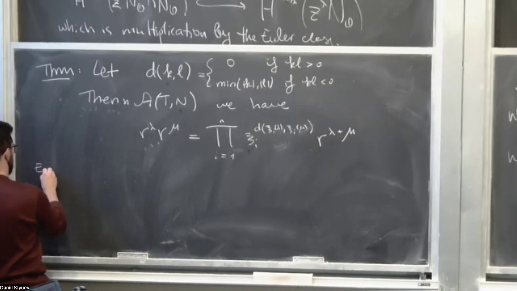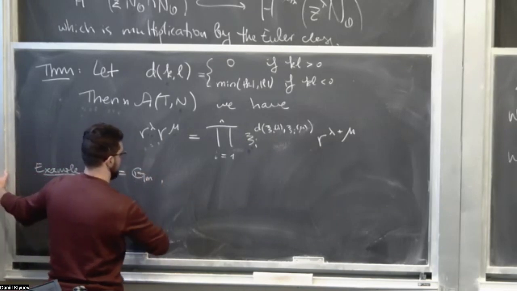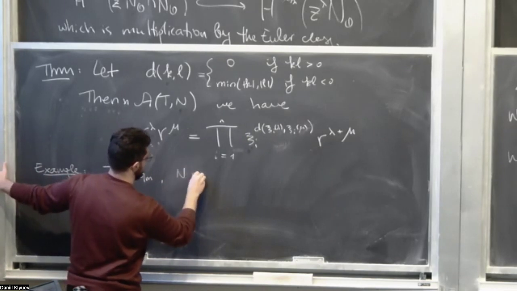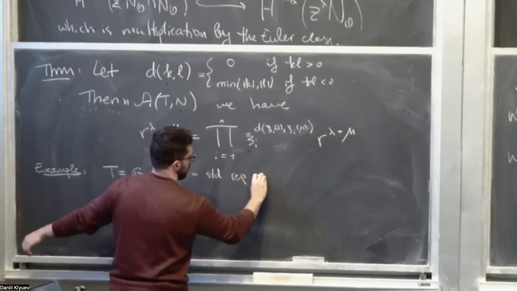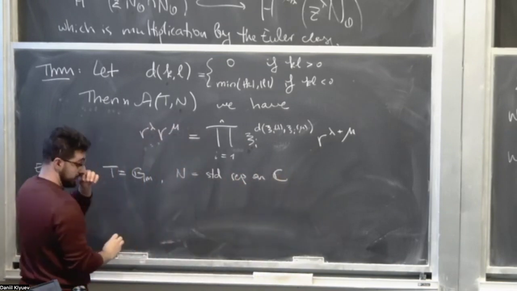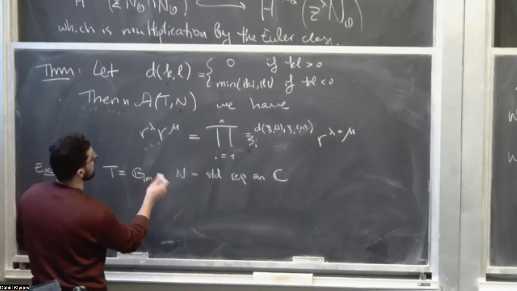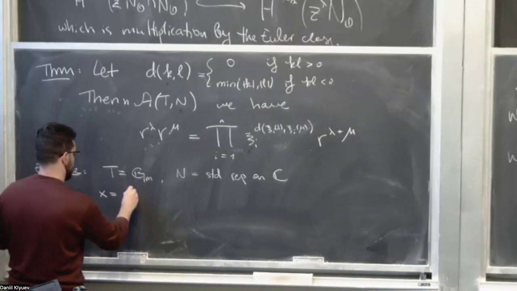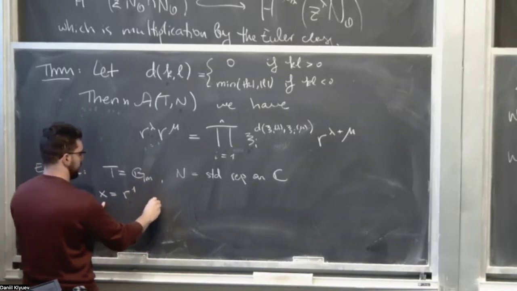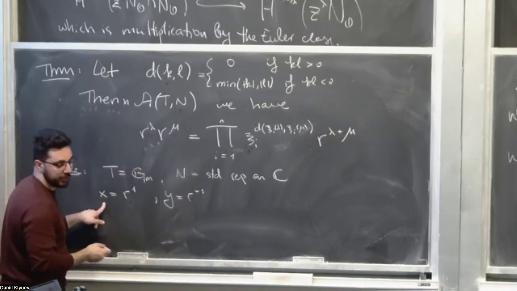Quick example. The simplest example is a one-dimensional torus. And then N is a one-dimensional representation, which is the standard one. Then Y is the integers. And you have two relevant generators, R1 and R minus 1, which we call x and y.